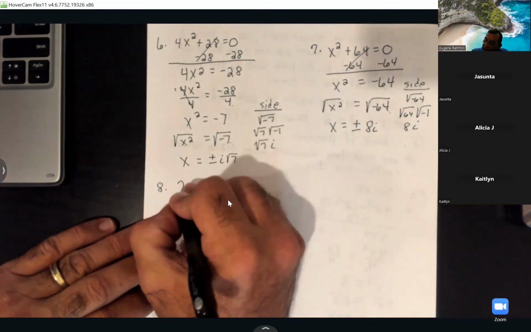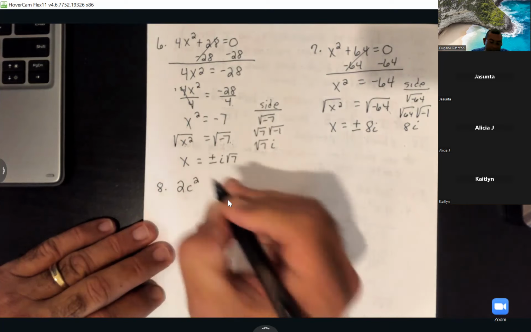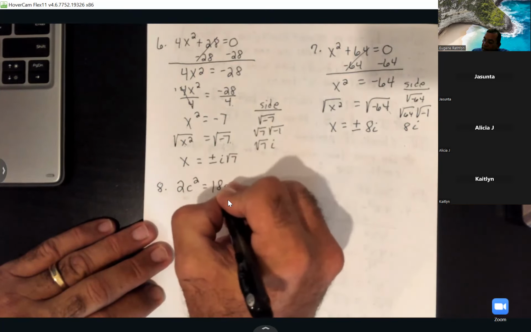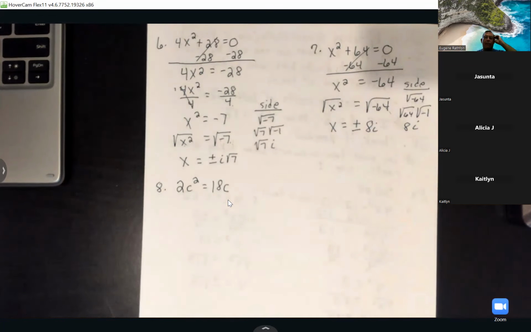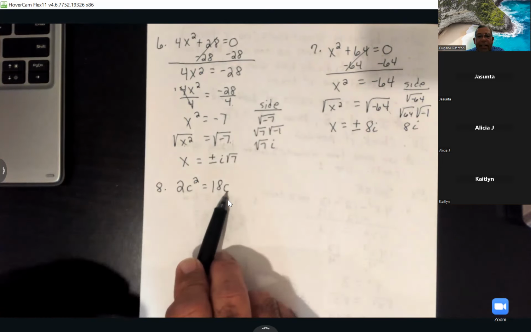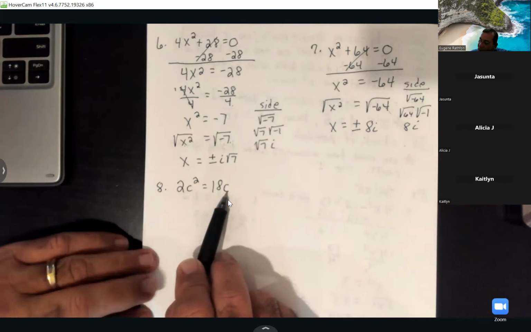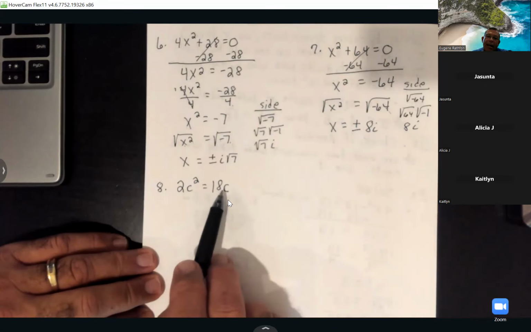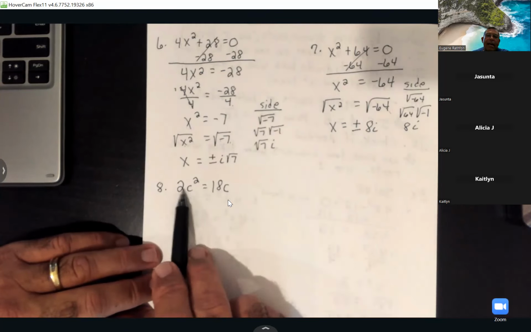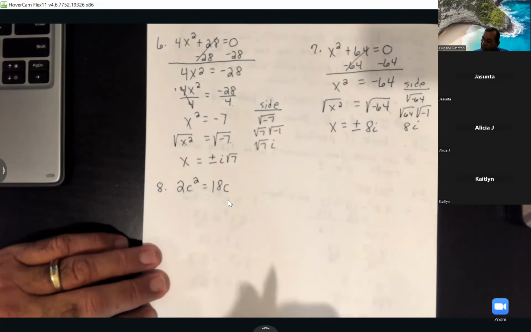All right, y'all, how about this? 2c squared equals 18c. But notice, this one has an x term or a c term. Remember, I can only do square roots when it does not have this c term. So since this one has a c term, we need everything on one side equal to 0.